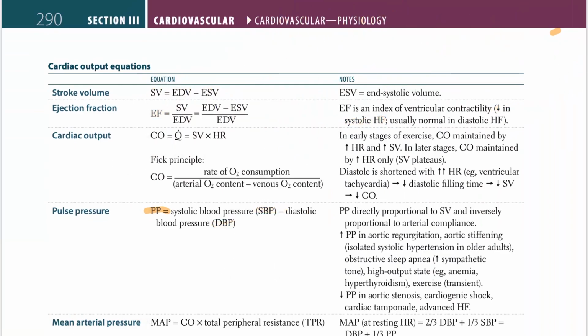Stroke volume is the volume of blood ejected from the left ventricle with each beat. So with each beat, whatever goes out of the left ventricle is the stroke volume. And how do we calculate stroke volume?